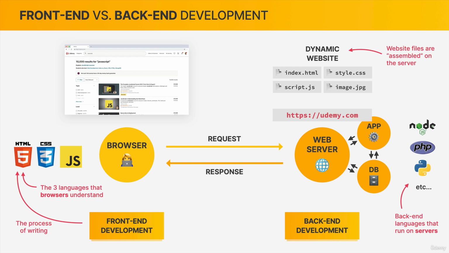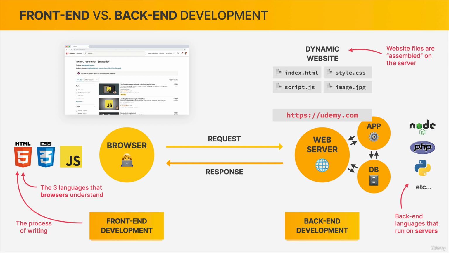All I want here is to give you an overview of what front-end and back-end actually are, what the browser and the server are, and also what static and dynamic websites are. Because I really think that this is going to be extremely helpful as you start your developer journey.